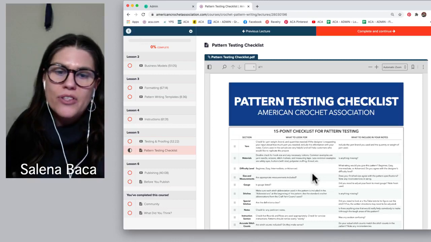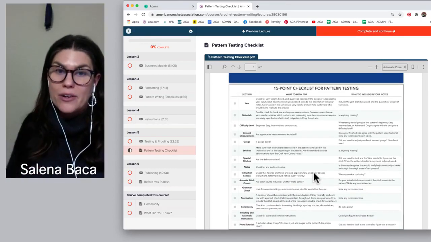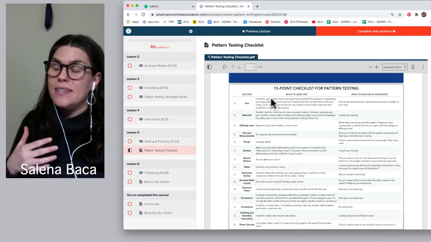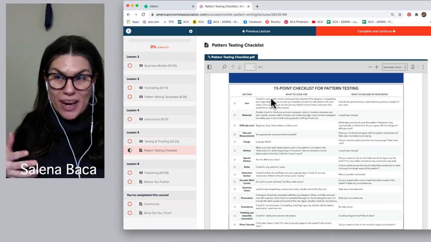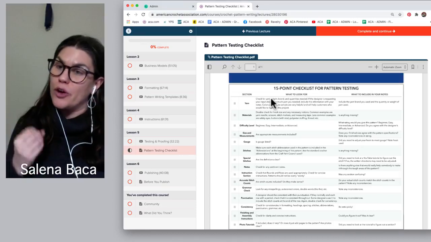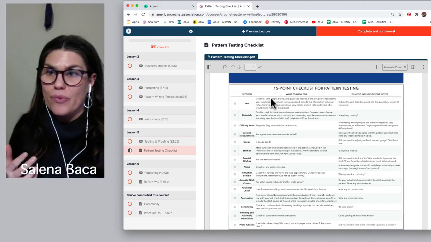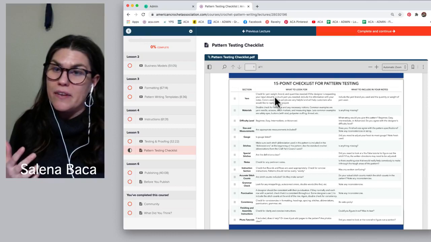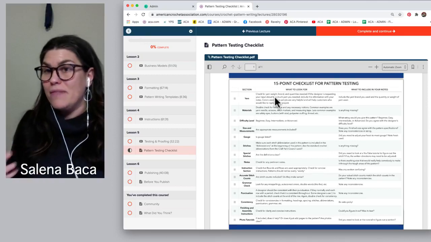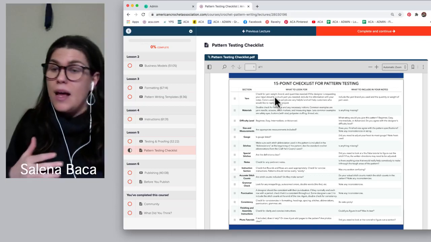So it's a 15-point checklist for pattern testing, and it helps you to know what should be checked, but it also helps whoever you're having test for you know what they need to do. And that way you can really generate a good audience of individuals that can help you.